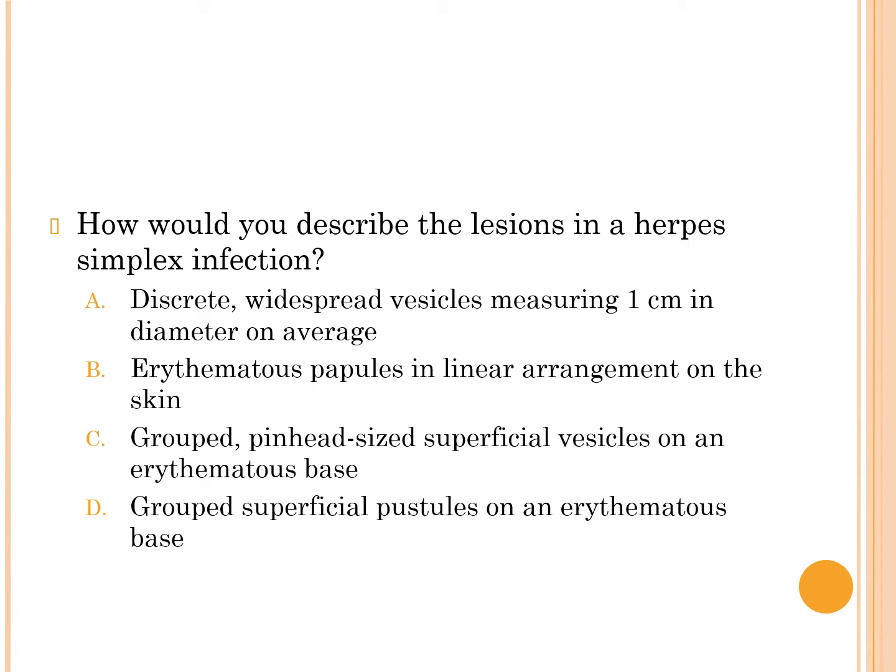Erythematous papules in linear arrangement on the skin? Grouped pinhead-sized superficial vesicles on an erythematous base? Or grouped superficial pustules on an erythematous base? And the answer is, they are grouped pinhead-sized superficial vesicles on an erythematous base.